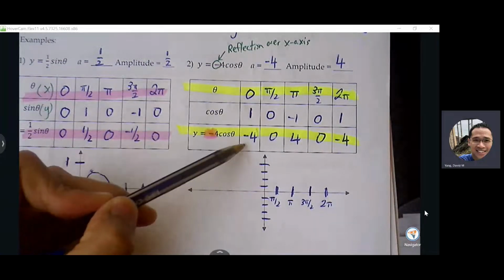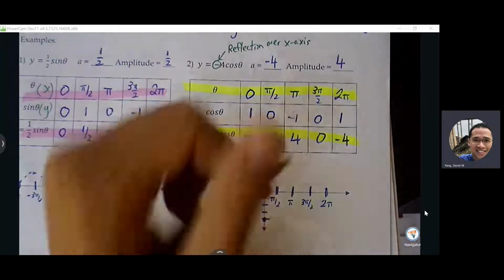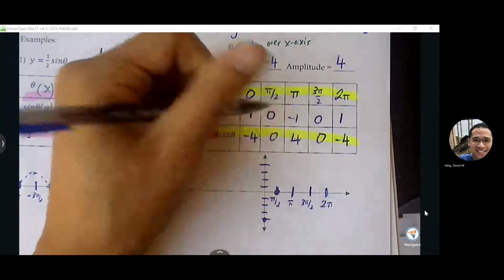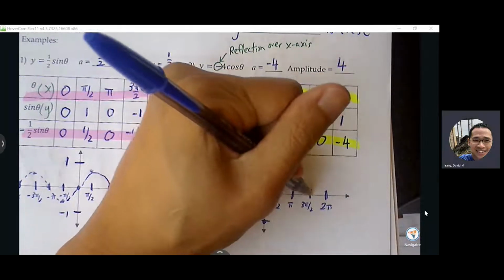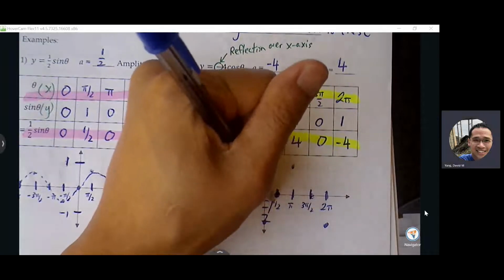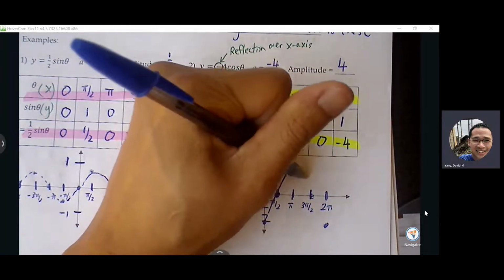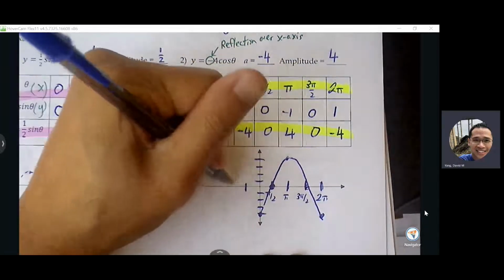So 0, just start down at -4, pi over 2, pi, 3 pi over 2. So now it's like an upside down cup, because everything's been reflected. Let's go in the negative direction as well.